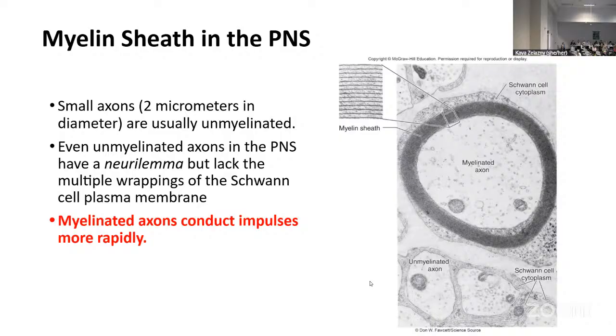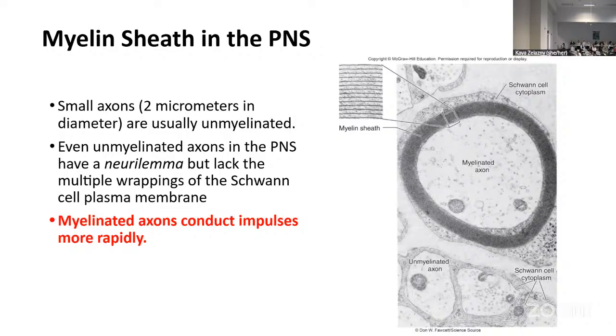When we're thinking about which neurons get myelin and which ones don't, it's usually small axons, small neurons, that are going to be unmyelinated, and it's usually bigger ones that have myelin. We know that large diameter is another adaptation for fast movement of an action potential.